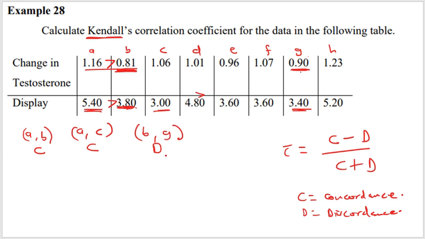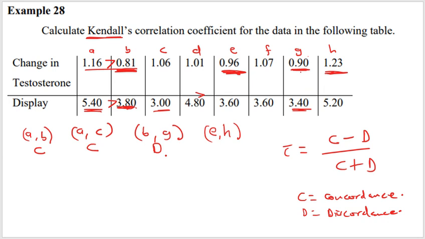Now let's check for one more. Let's pick, for example, E and H. When I pick E and H, we realize that in the column E, we have 0.96 and we have 1.23.